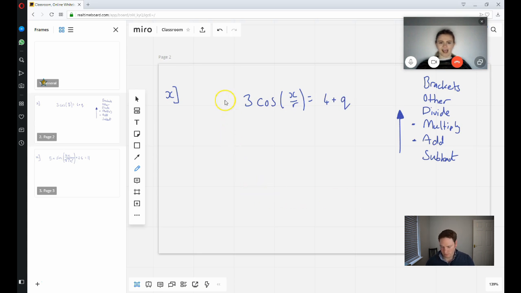Have a hack at that one. Am I going to have to move the 3 before the cos? Yeah, you need to get rid of the 3 first.